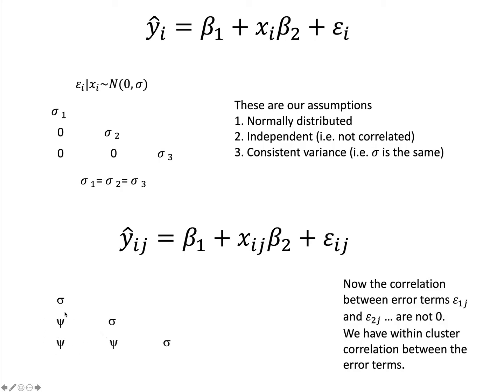And this is what we talked a little bit about last week in terms of the intra-class correlation, the correlation within clusters. So if this is a person at time 1 and this is a person at time 2, there's a correlation between them.